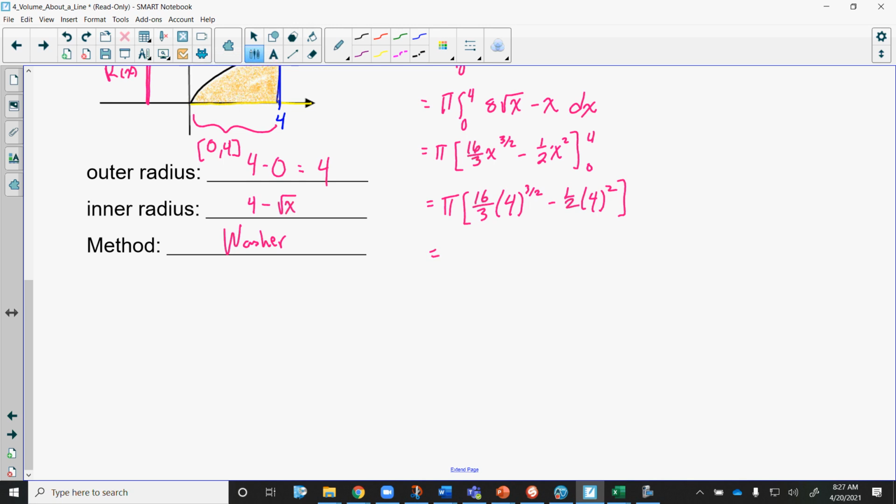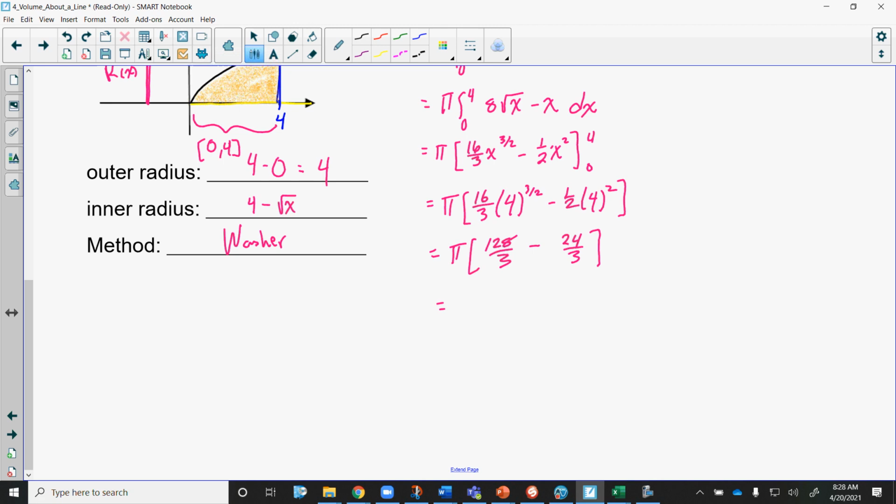And let's think about this for a second. 4 cubed is 64. The square root of that is 8. 8 times 16 over 3 is going to be 128 over 3. And then we get 16, and half of that is going to be 8. So we could say that would be 24 over 3 as a common denominator.